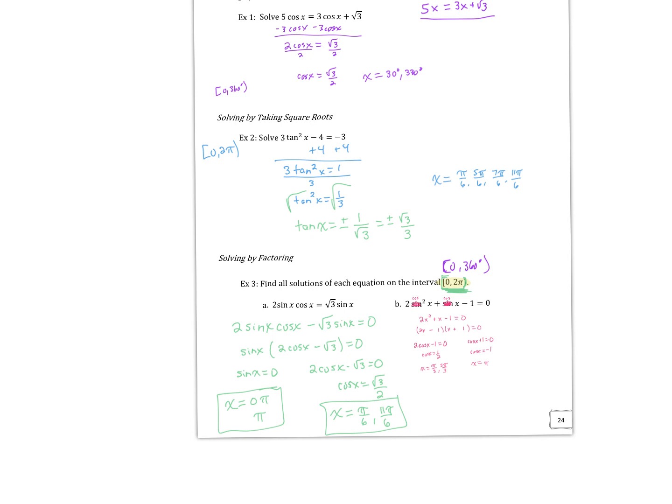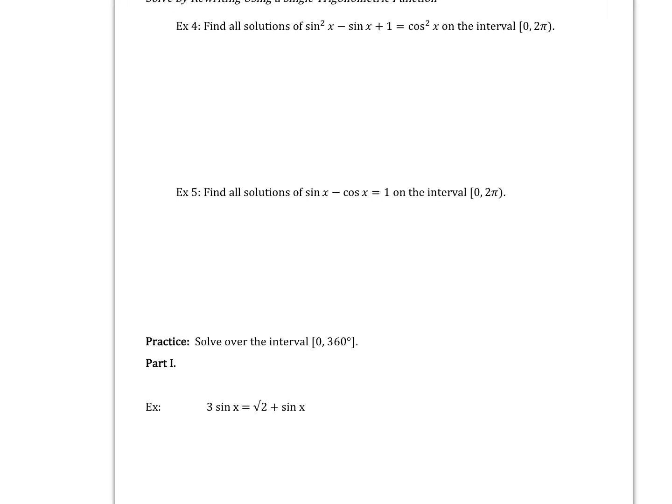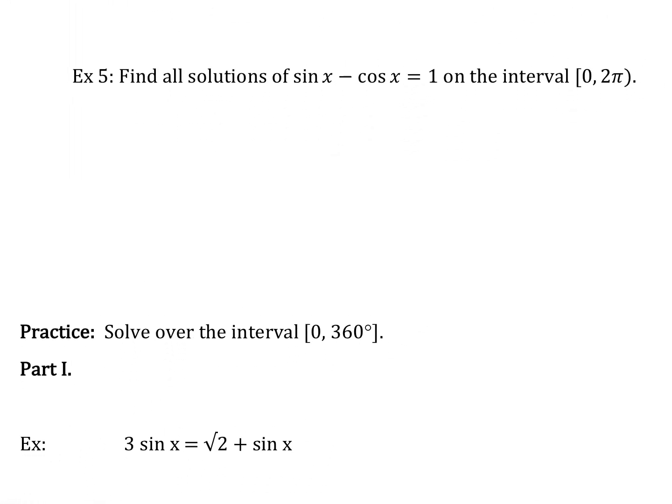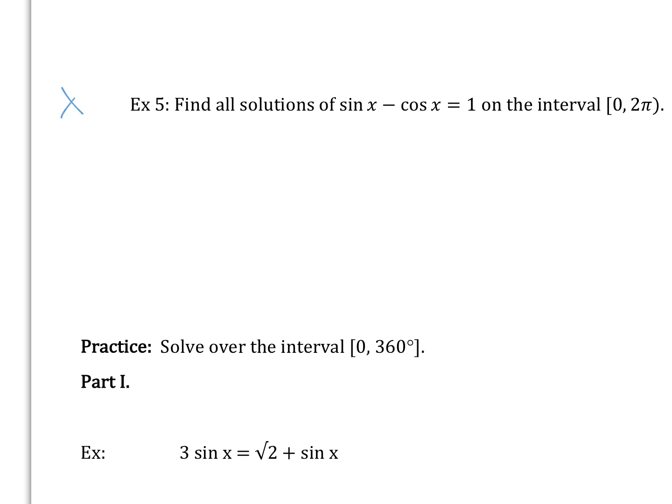All right, I'm going to show you one example on this next page because there's kind of a trick to it. And it's this middle one here, number 5. So I'm going to put a little asterisk next to this because there's a little bit of a trick on this one.